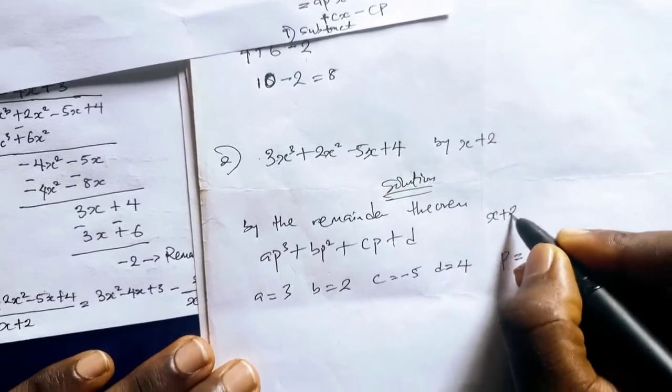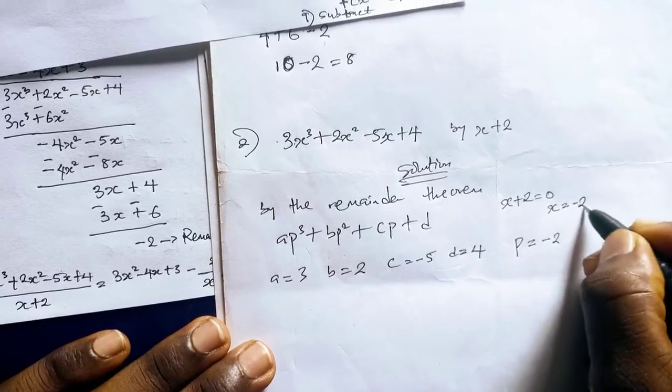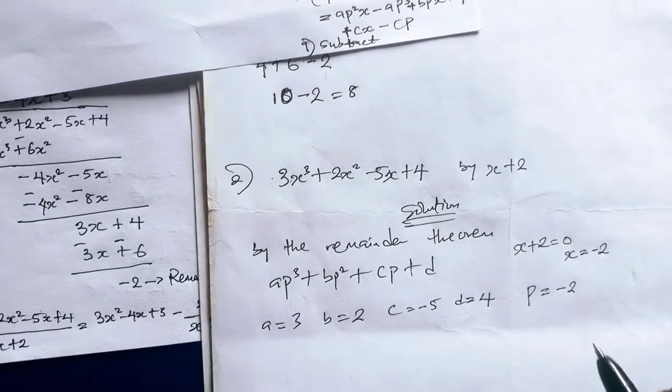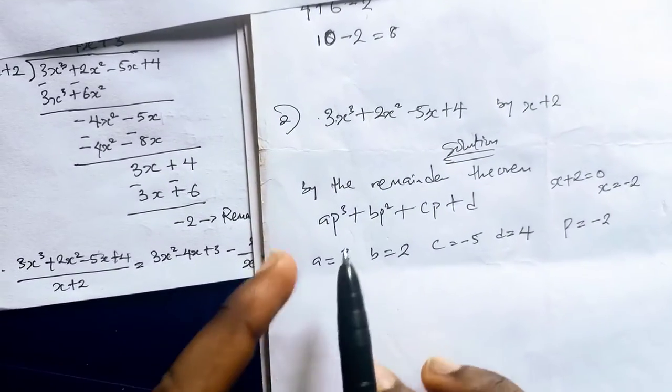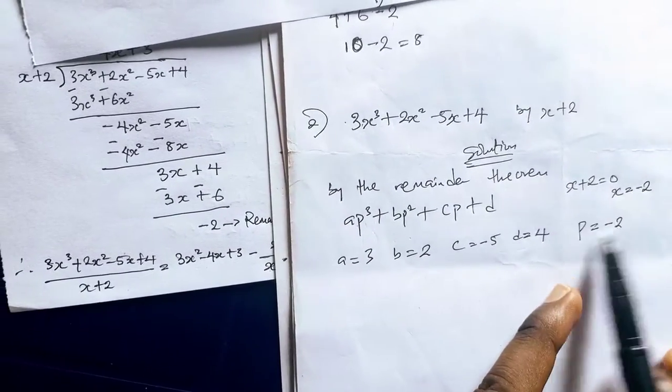Setting x plus 2 equal to 0, we discover that x is equal to negative 2 and x is equal to p, because we have switched the x terms into p. So x will be equal to p.